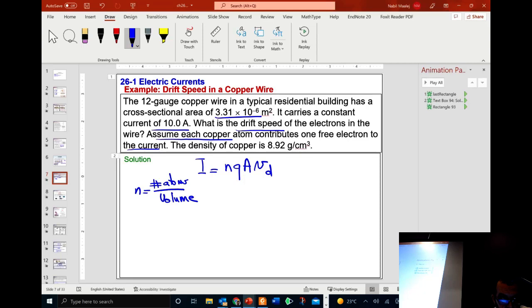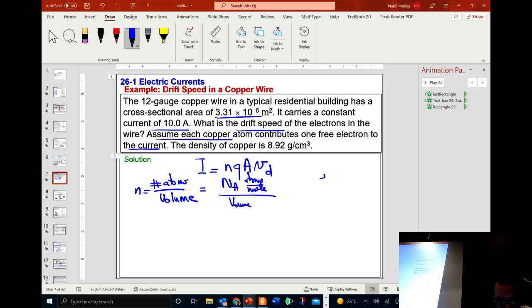We know 1 mole has Avogadro's number of atoms. So I can write Avogadro's number of atoms per mole, and since this is per volume, I need to divide by the volume of a mole. What is the volume of a mole related to the molar mass and the density?